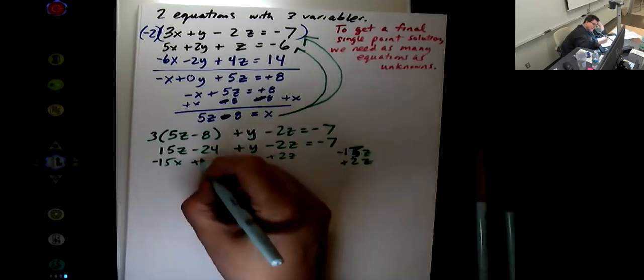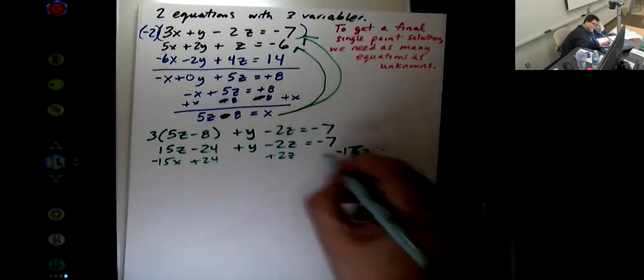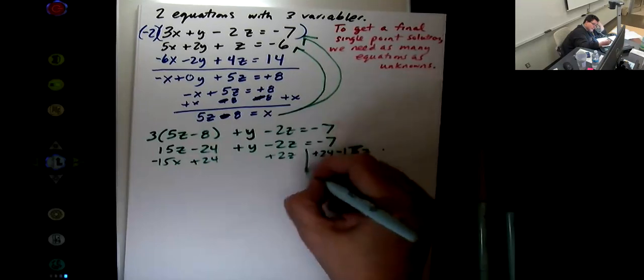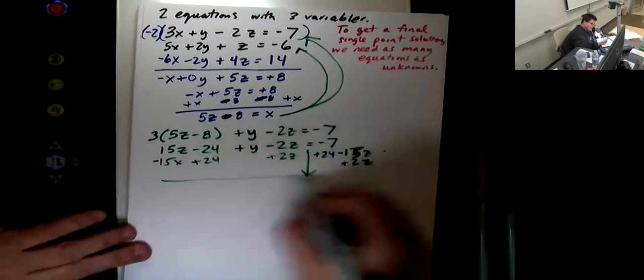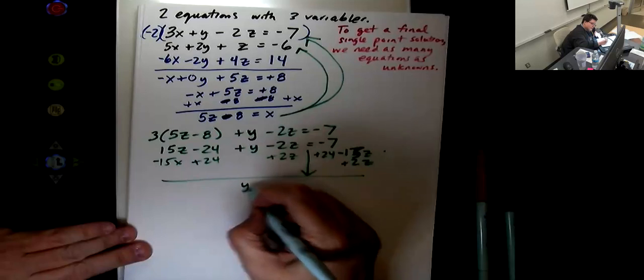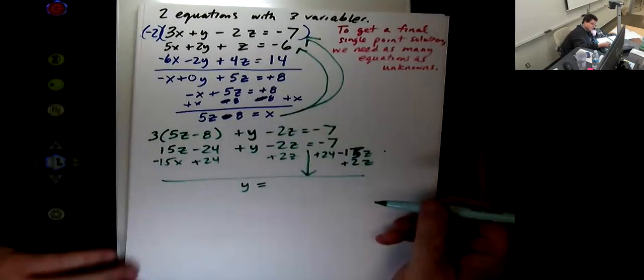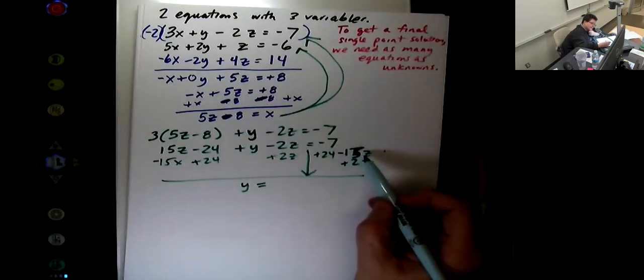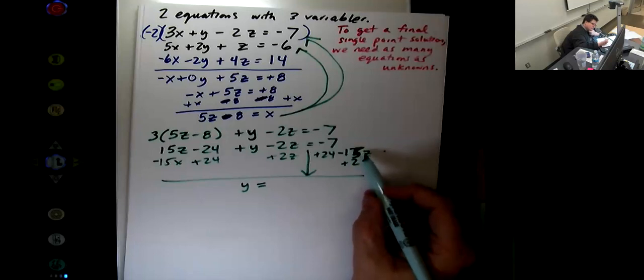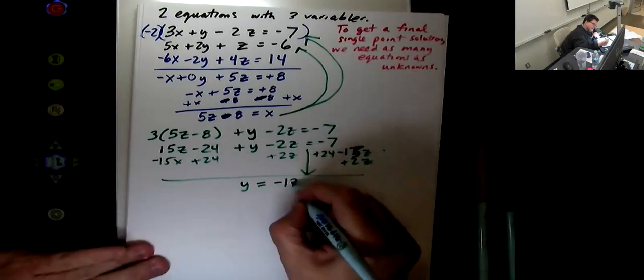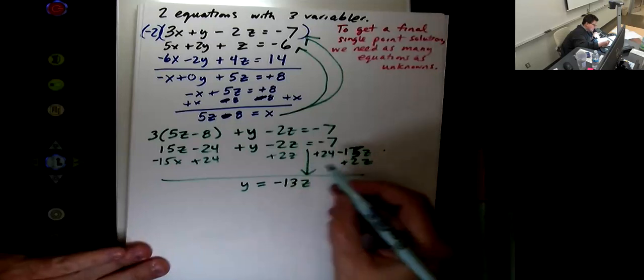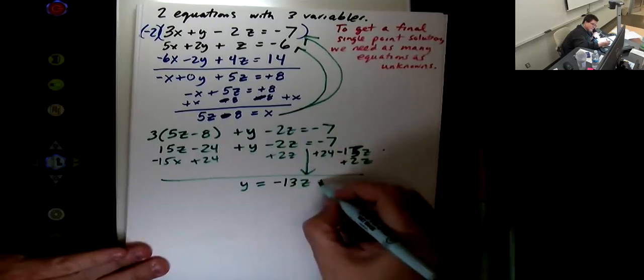I'm going to add 24 to the other side as well. All I'm left with on the left side is y. On the right side, I've got -15z plus 2z is -13z. And -7 plus 24 is plus 17.